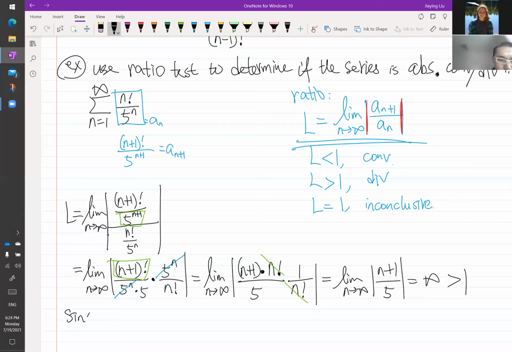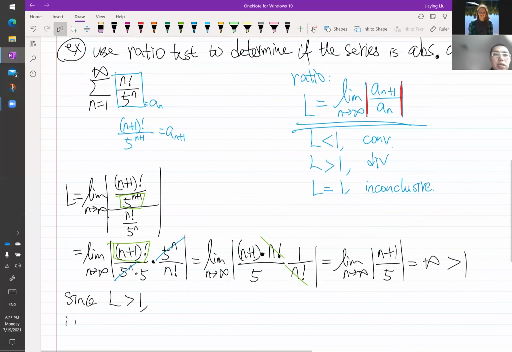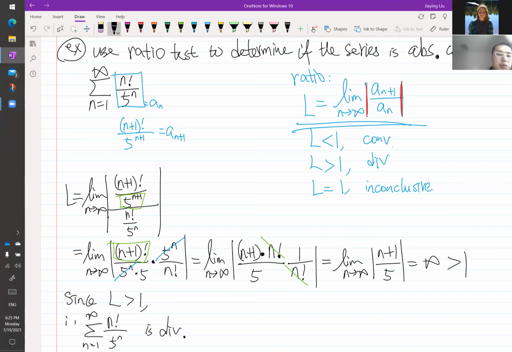Since L is greater than 1, therefore the series that we're testing using the ratio test is going to be divergent, from the ratio test. Any questions about this example?